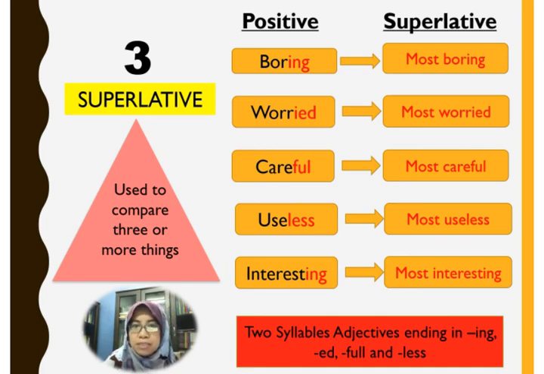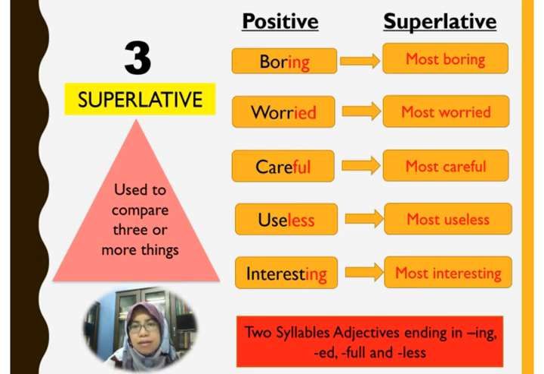There are some words that end with -ing, -ed, -ful, -less. So in superlative, you have to change it to most boring, most worried, most careful, most useless, most interesting. What is most?